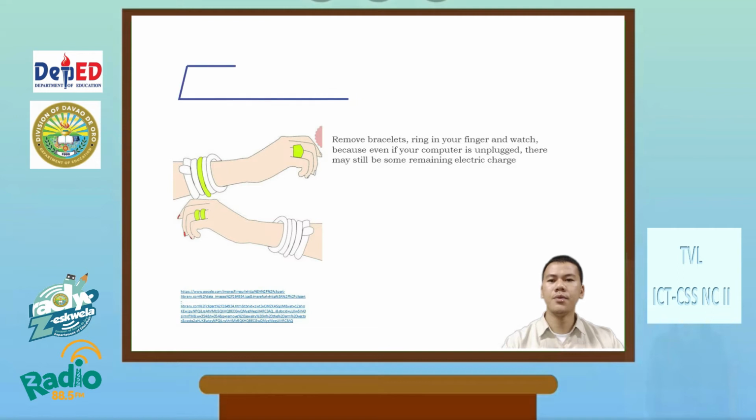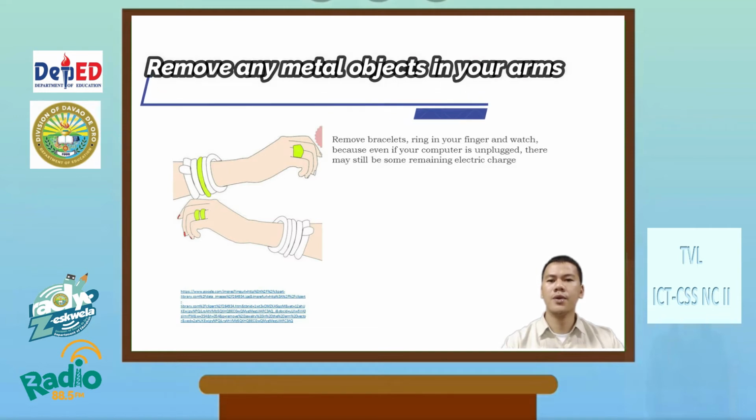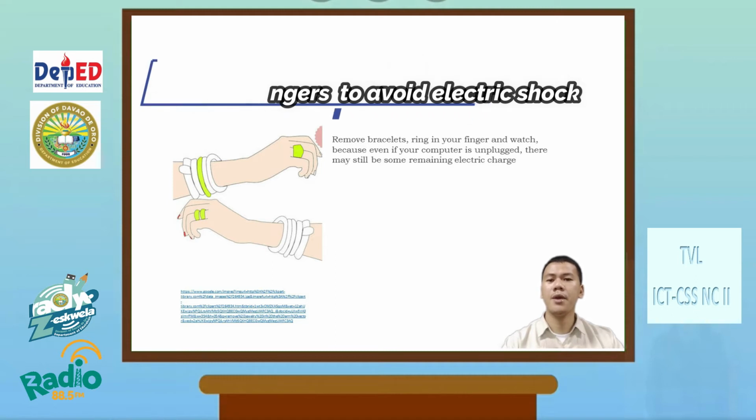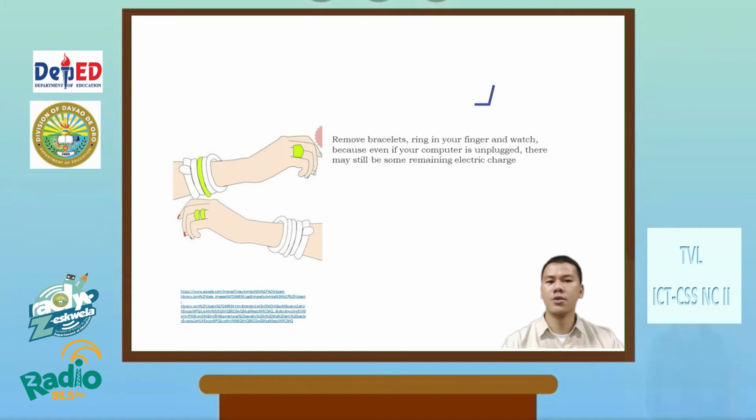C, remove any metal objects in your arms or in your finger to avoid electric shock. Remove bracelets, rings in your finger, and watches. Because even if your computer is unplugged, there may still be some remaining electric charge.